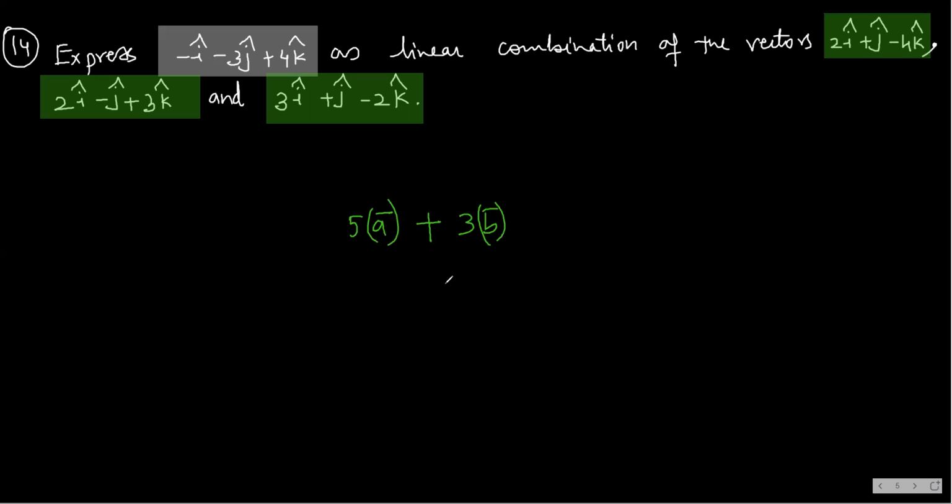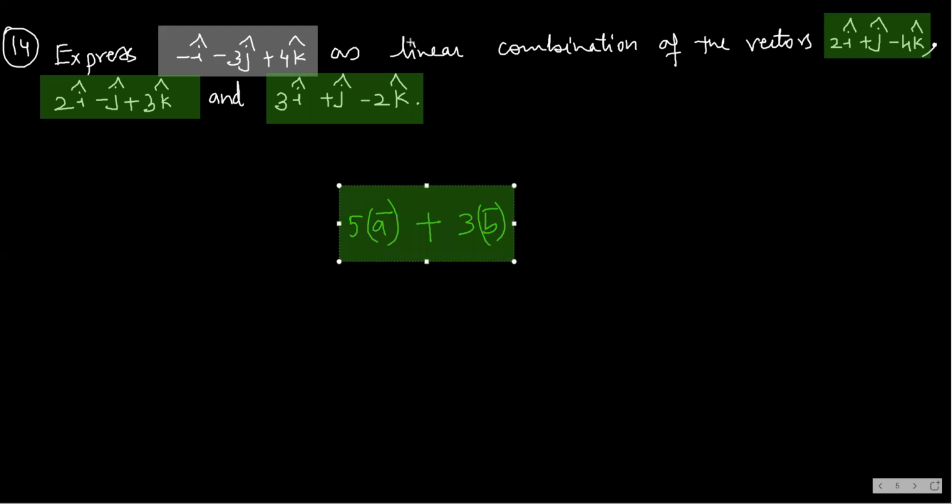Now if I add these two vectors, try to understand. If I add vector 5a bar plus 3b bar, this becomes a linear combination of two vectors.